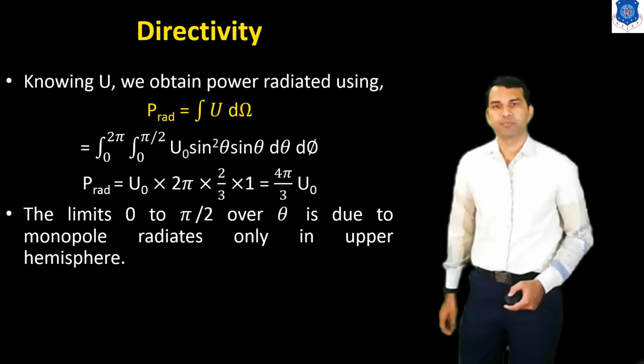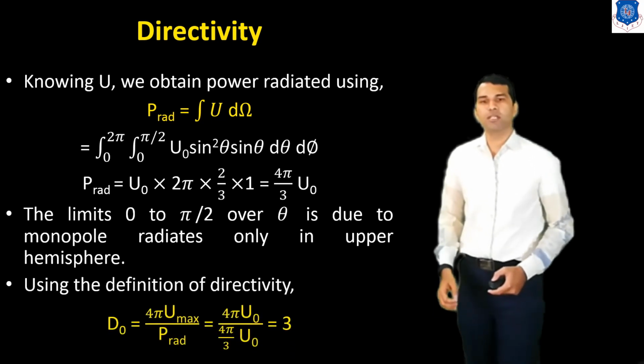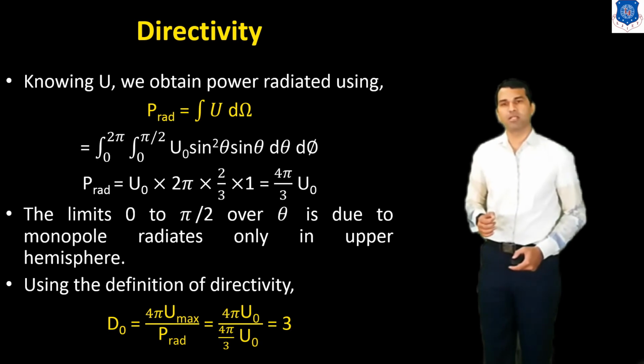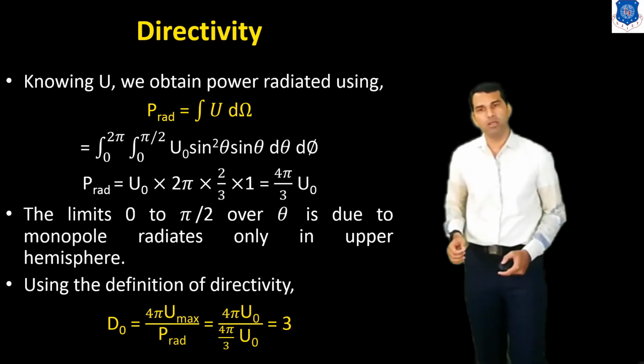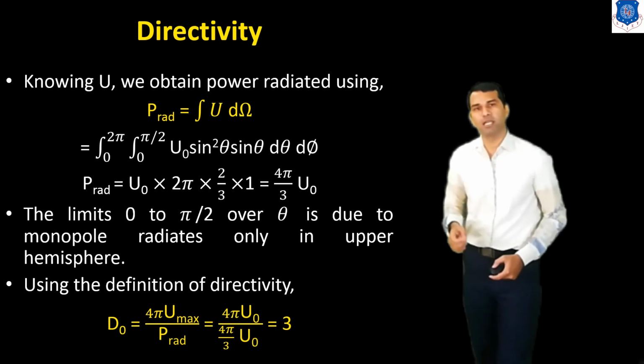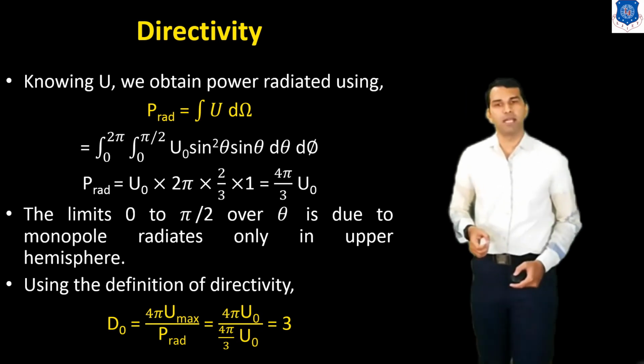instead of 0 to π. Using the definition of directivity, we know that the directivity is 4π U max upon P radiate, where U max is the maximum intensity and P radiate is the power radiated.